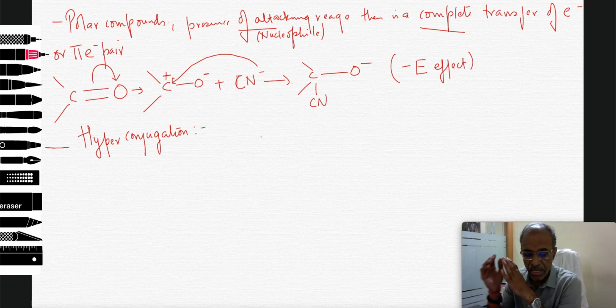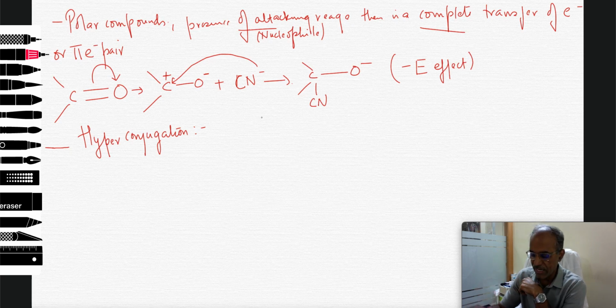Basically, alkyl groups, when bonded to pi bonds. I'll give you an example. Take for example alkyl group CH3, bonded to pi bonds.